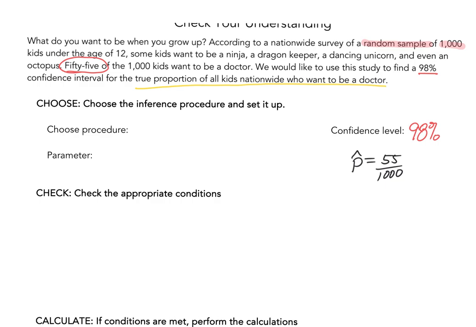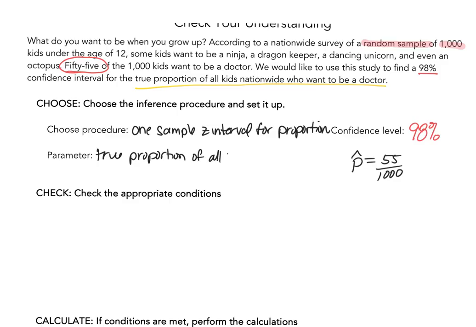My procedure, because I have a single sample, is a one sample Z interval for a proportion. My parameter is the true proportion of all kids nationwide who want to be a doctor.